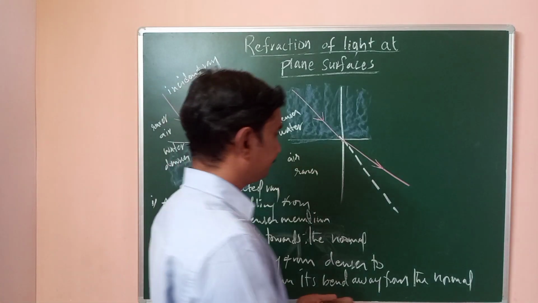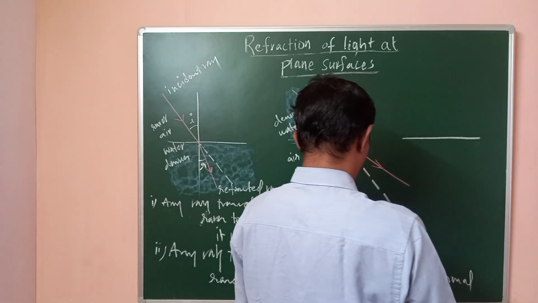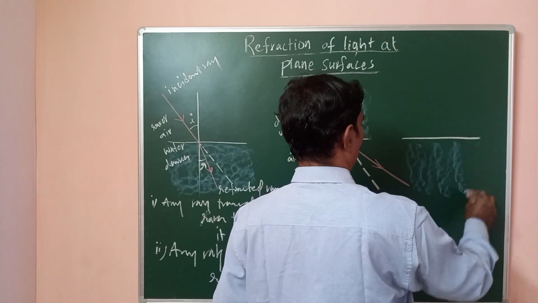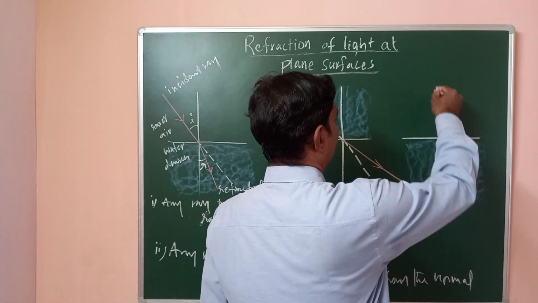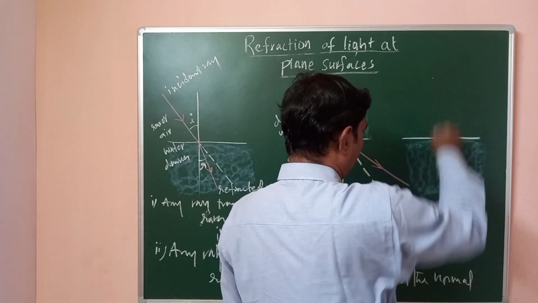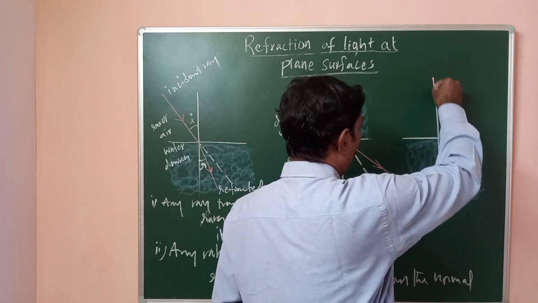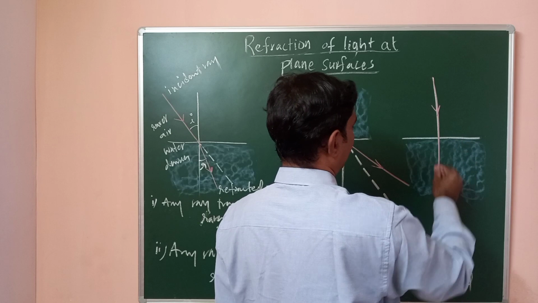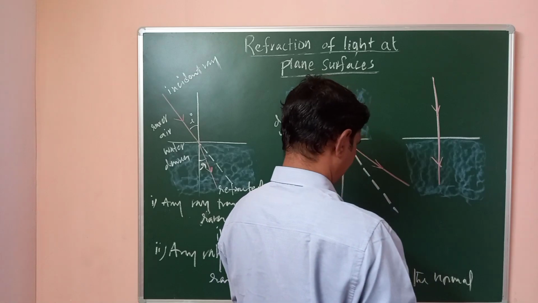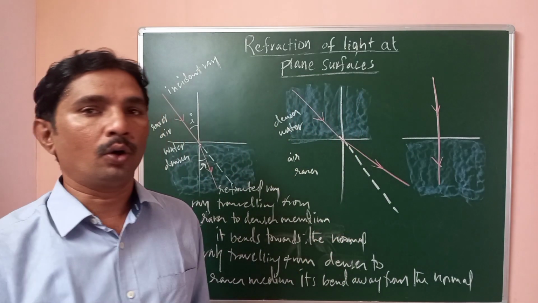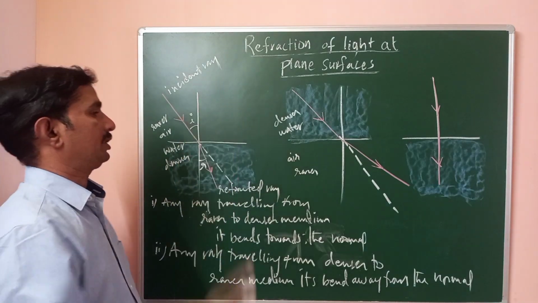And the third thing is, if this is the surface of the water, and the lower portion is water, and a ray is incident along the normal, as we all know, the normal is a perpendicular line, this will not bend. If you know these 3 points, it is very clear. You can draw all ray diagrams through refraction at plane surfaces.